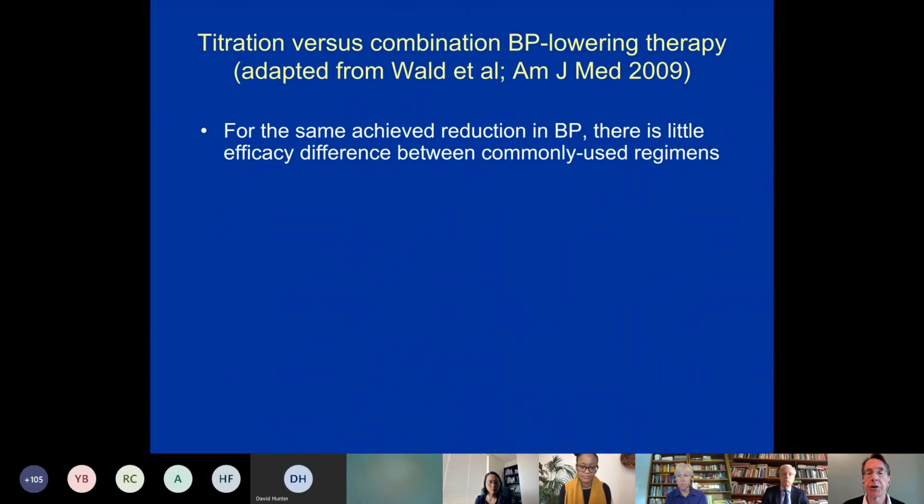Nick Wald and others also looked at what kind of treatment regimens one would want to use in order to optimize the benefit of lowering blood pressure. In summary, what they saw was that for the same achieved reduction in blood pressure, there's little efficacy difference between commonly used regimens.